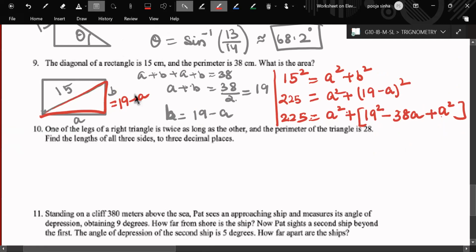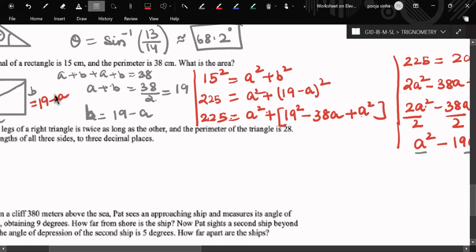So 15 is the hypotenuse. So 15 square is equal to A square plus B square. 15 square is 225. A square as it is. In place of B square, we applied 19 minus A, because B was 19 minus A.